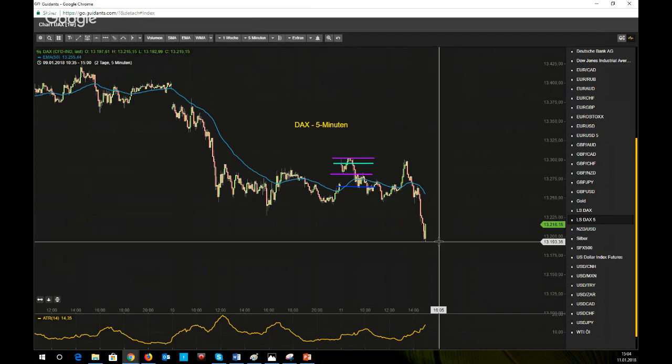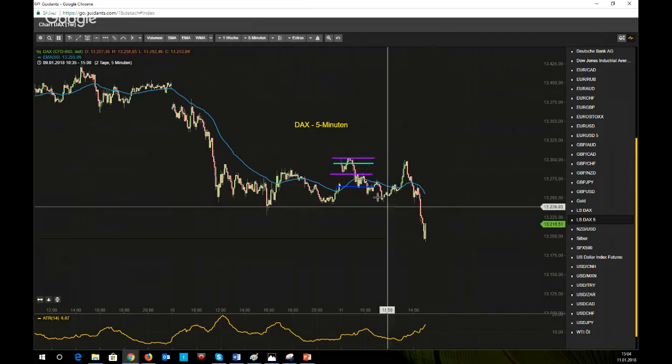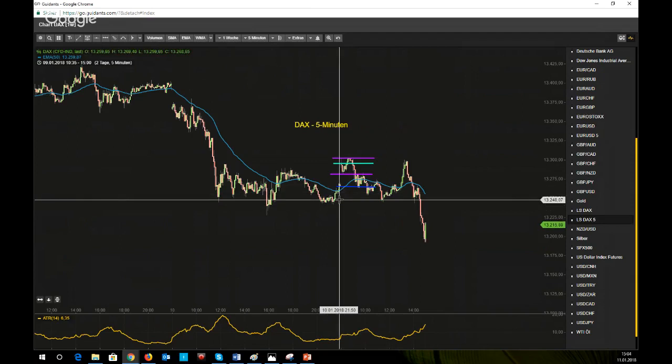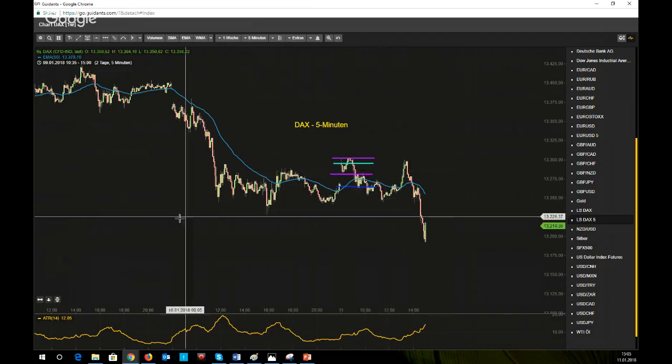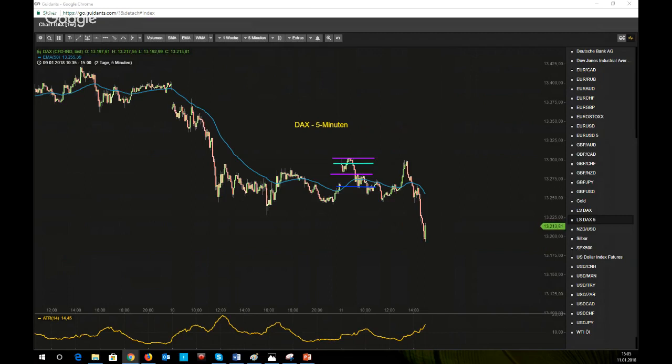Was there another announcement from the Chinese government or something? No, in fact, not. But from a yield perspective, it was similar. The ECB minutes came out several minutes ago.